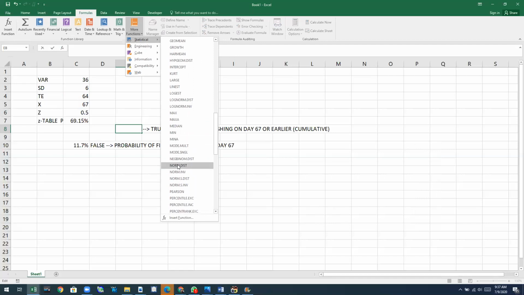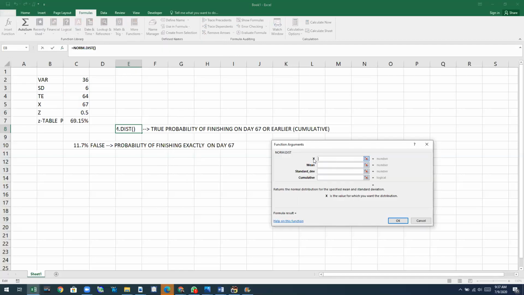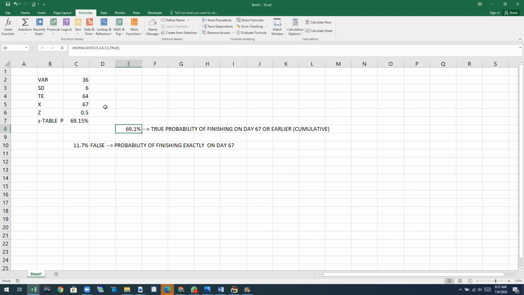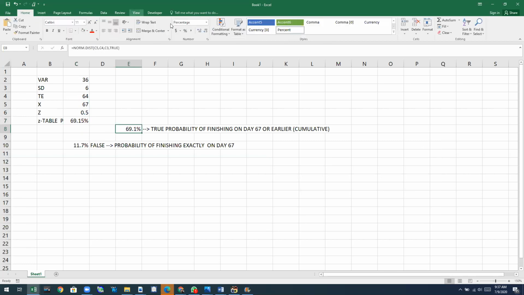Let's go back again: normal distribution. X is 67, mean time is 64, standard deviation is 6, and cumulative is TRUE. We click OK, and you can see the number we get is similar to what we get from the table.